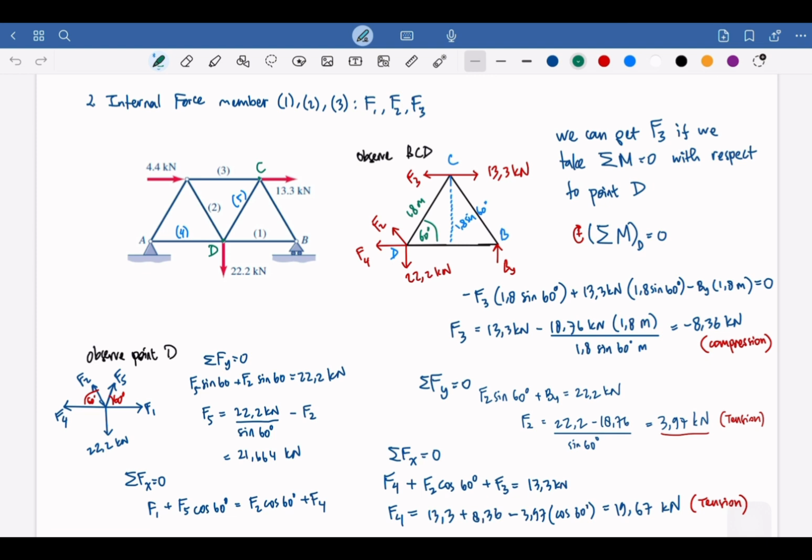Now we have F4, F2, F5, F1, and then 22.2, and then we are going to isolate everything here. Or we take the equilibrium to get F4 and F5. F4 we get from the sigma Fx. F5 we get from the vertical F1.